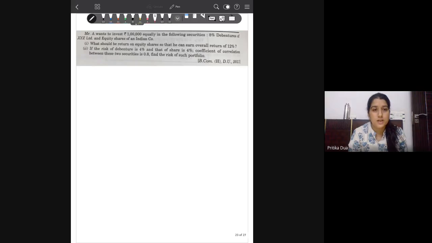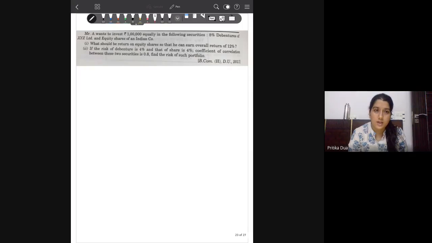What should be the return on equity shares if he can earn an overall return of 12%? Okay, and then you are given the risk of the debenture and of the share with coefficient of correlation, and you have to find out the risk of the portfolio.